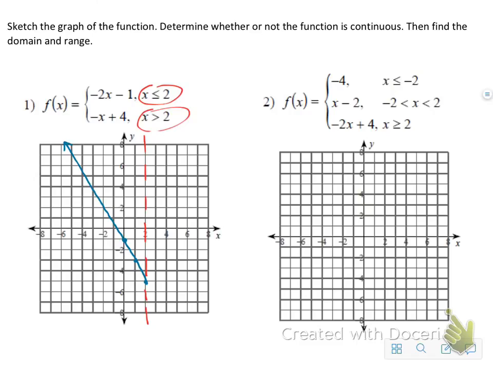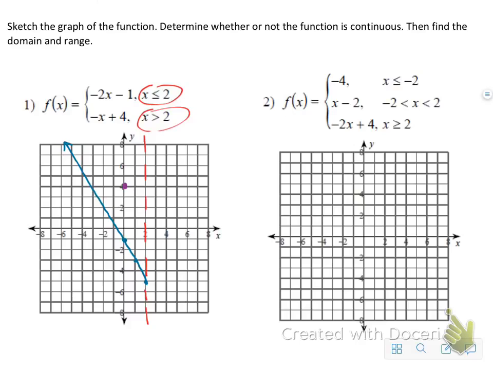Now to the right, I have the equation negative x plus 4. Let's try to graph it. The y-intercept would be 4. So theoretically, I'd be right here, except that that's not in the domain. So I'm not going to actually include that as part of my graph. I might use it as a guideline though.